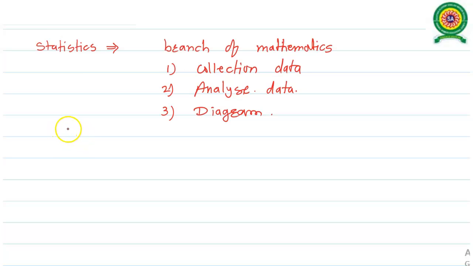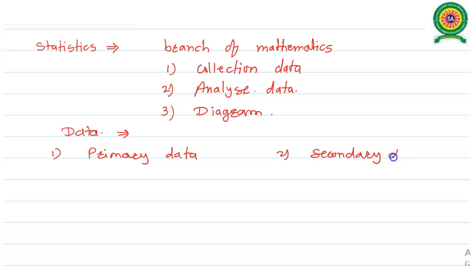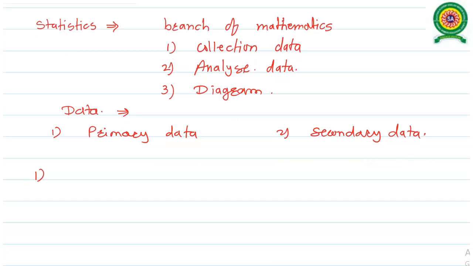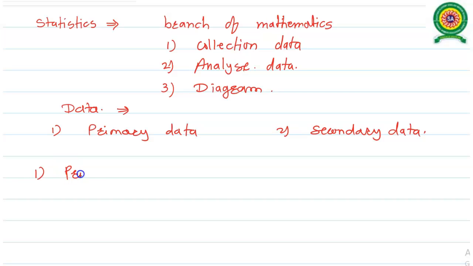So in statistics we may collect the data. The data are of two kinds. First is the primary data and the second is the secondary data. Now what exactly is primary data? Primary data is the data which is collected by sources, meaning by survey, or observations, or experimentation.